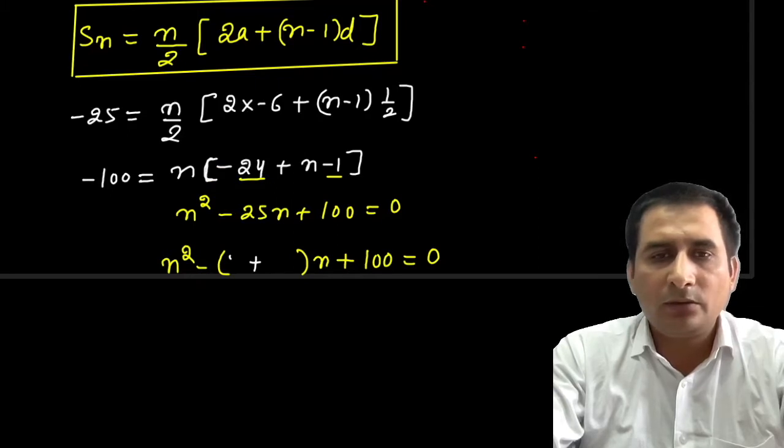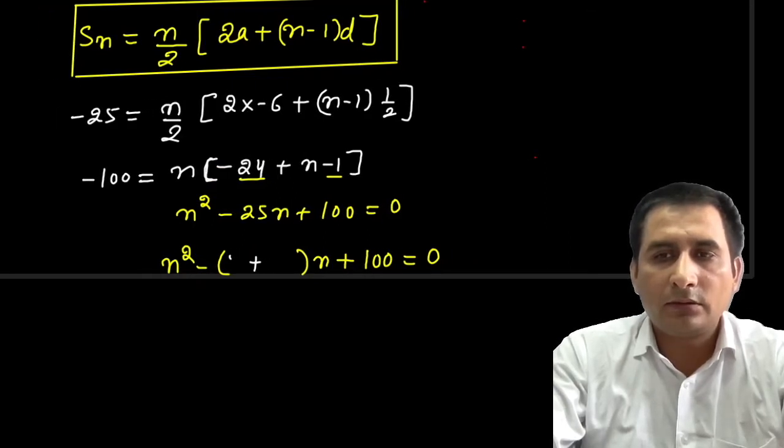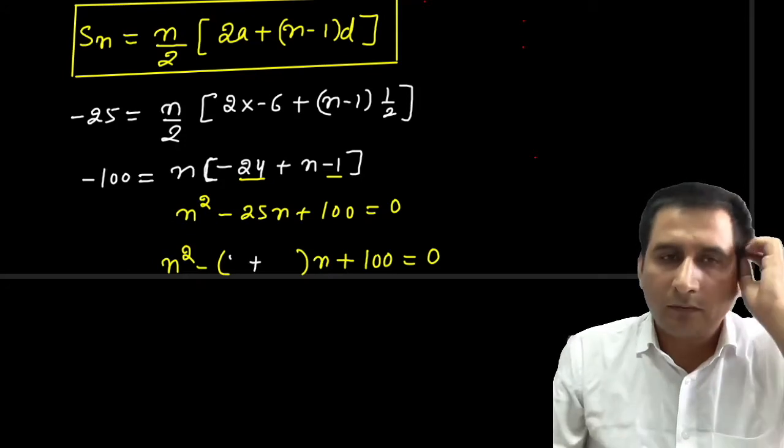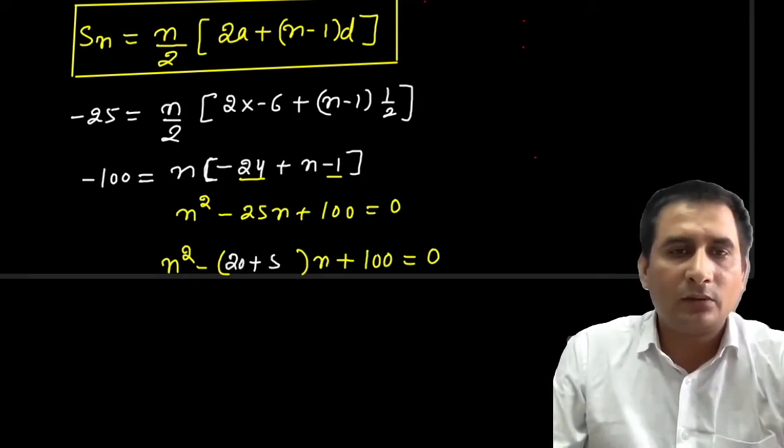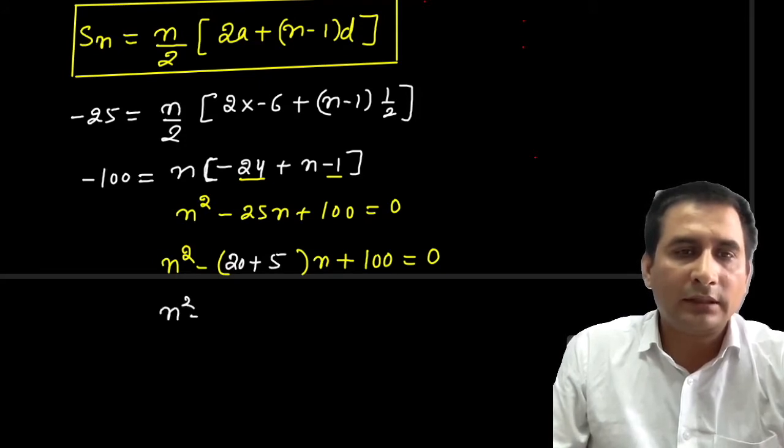Is the screen visible to you all? Yes or no? Yes, sir. What are the two numbers here? 20 and 5. Yes, absolutely right. So it can be written as n square minus 20n minus 5n plus 100 equal to 0.